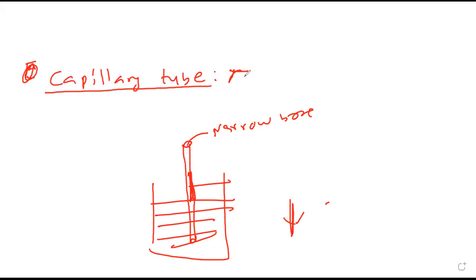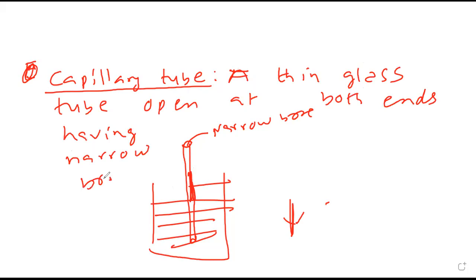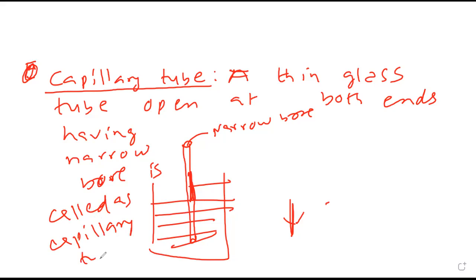So a thin glass tube open at both ends, having a narrow bore, is called a capillary tube.